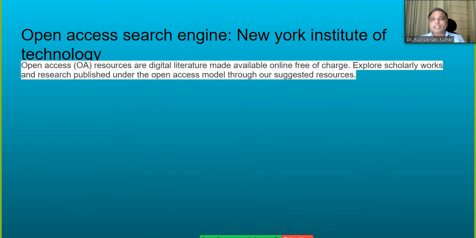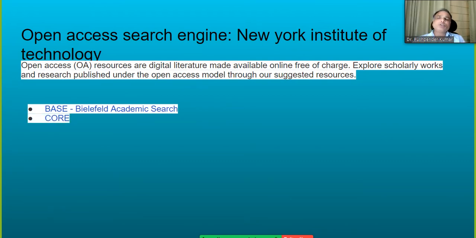Open access resources are digital literature made available online free of charge. Now, do you understand open access? Explore scholarly work and research published under the open access model through our suggested engines. First is BASE, the first search engine. Second is CORE. Third is Oyster.